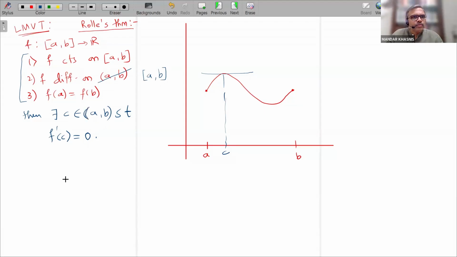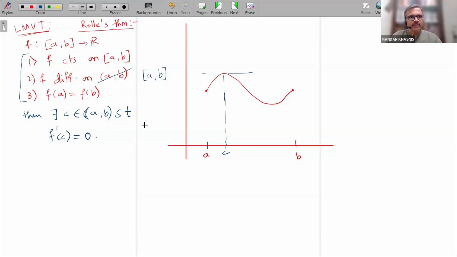We are putting more conditions by making it closed AB instead of keeping it open AB. That means we are putting two more conditions: f is differentiable at A, and it should be differentiable at B as well. Of course, because I am putting extra conditions, the conclusion will not change. That I can definitely say, because if something is differentiable on closed AB, it is certainly differentiable on open AB as well.